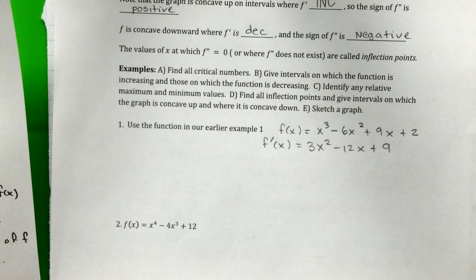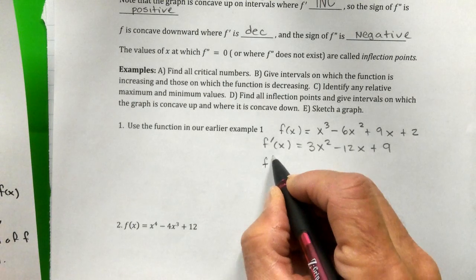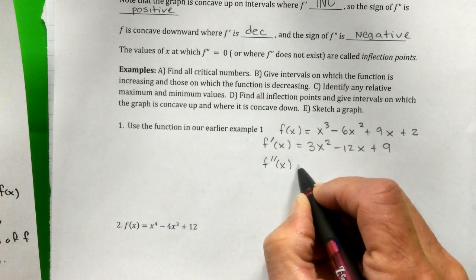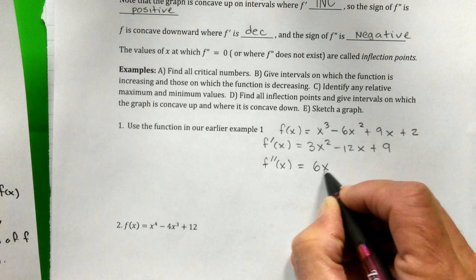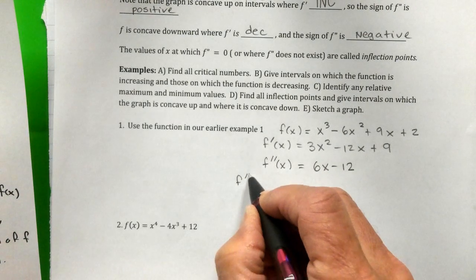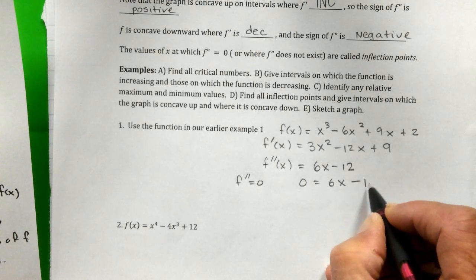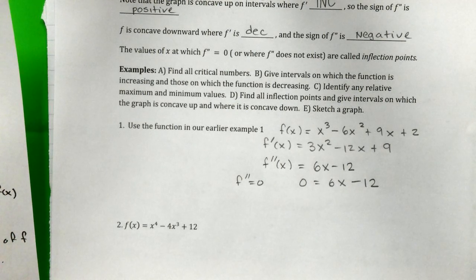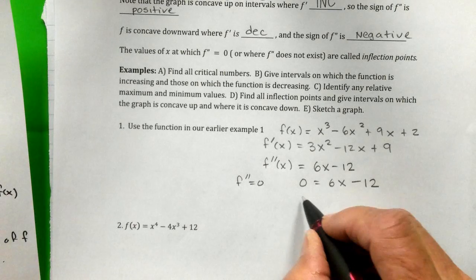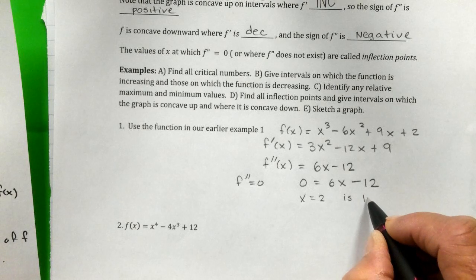So we did all the stuff with that. Let's go ahead and jump to finding the inflection points. The second derivative is just 6x minus 12. You set the second derivative equal to 0 and solve for x. Add 12, divide by 6. We get that x is equal to 2 is the inflection point.